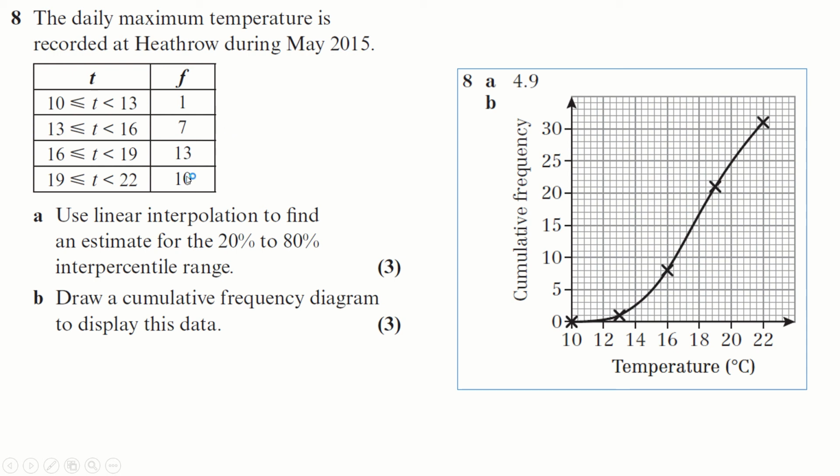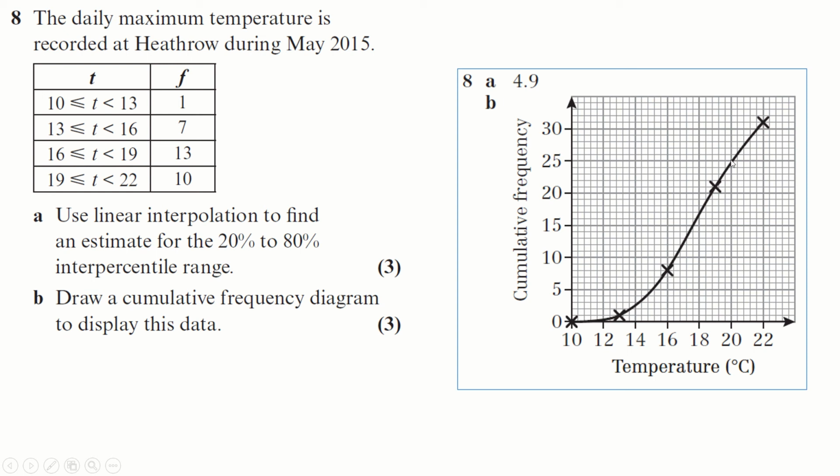The same thing where the 80th percentile person is, and then figure out roughly what fraction of the way through the group they'd be if they were evenly spread out, and subtract those to get your interpercentile range. It's much easier to do on a cumulative frequency graph. So the cumulative frequency graph goes up to 31, 80% will be up at about 25.